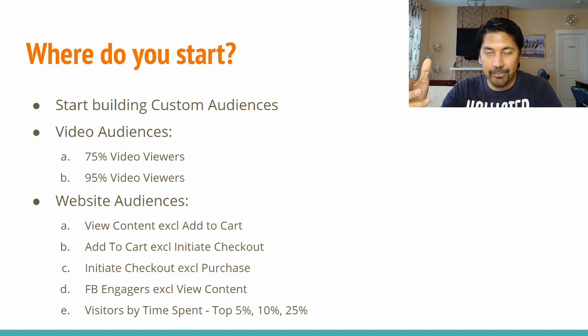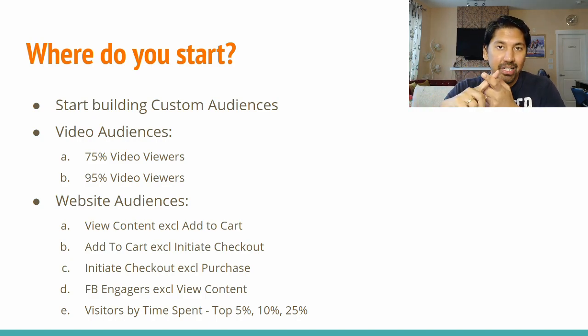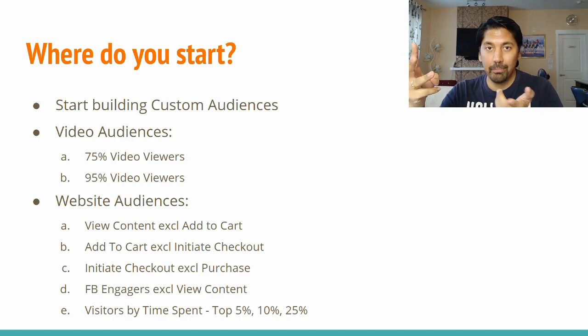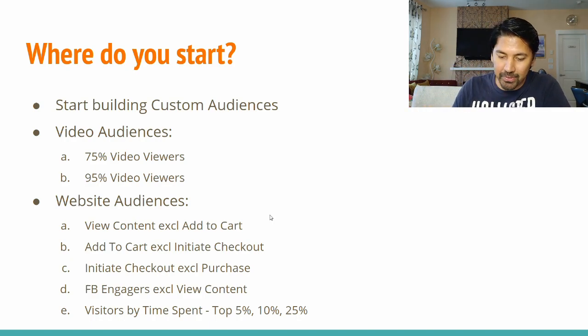They went to your website, but they did not add to cart. So these are people who have seen the product, they've seen the page, but for some reason they did not choose to proceed further. Maybe it's the pricing, maybe they have doubts on the product, maybe they have questions, whatever it might be. Those are the kind of things you want to address in the ad creative that you use to retarget these people, this subset of customers.